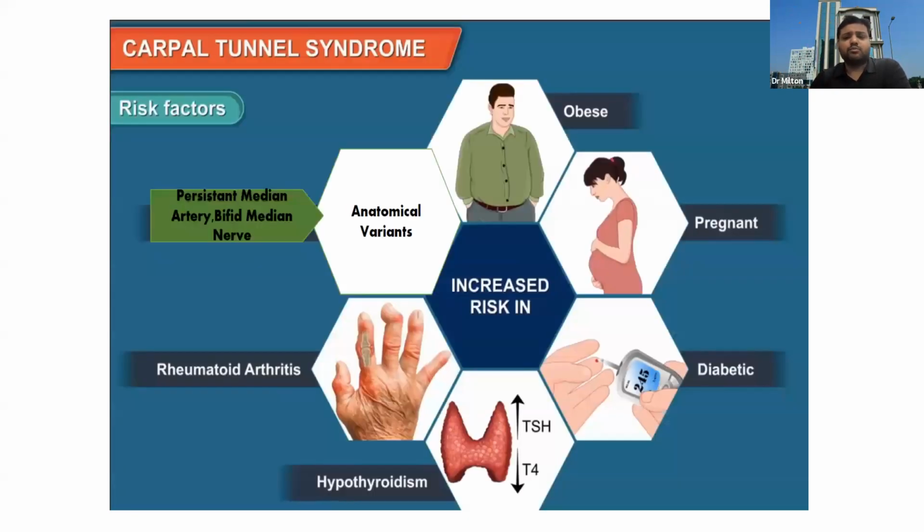Most commonly we find an anatomical variant like a bifid median nerve, or sometimes a persistent artery, or a thick flexor retinaculum.